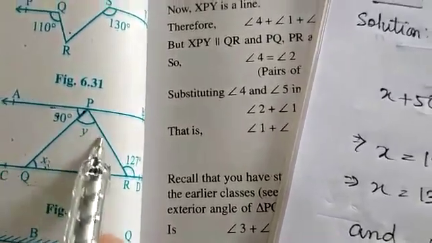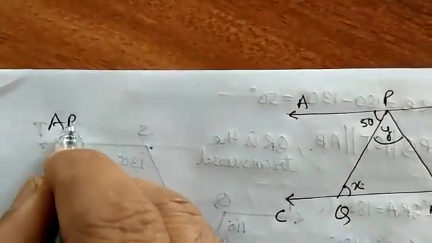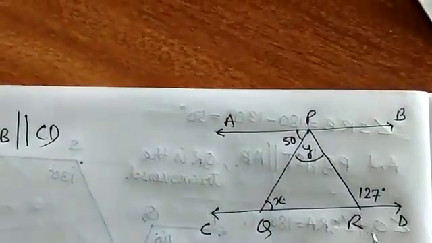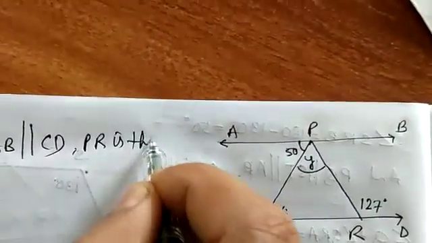Exactly the same process if you see the next: again this line is parallel, and that we will write on the next page so that you can see the diagram also. AB is again parallel to CD, and now I am going to use PR as the transversal.